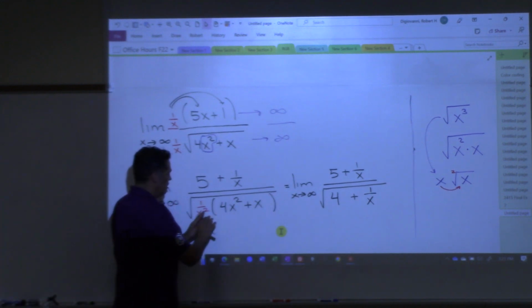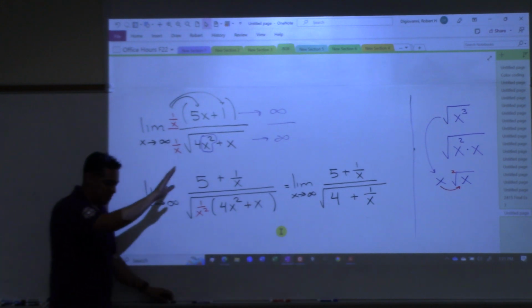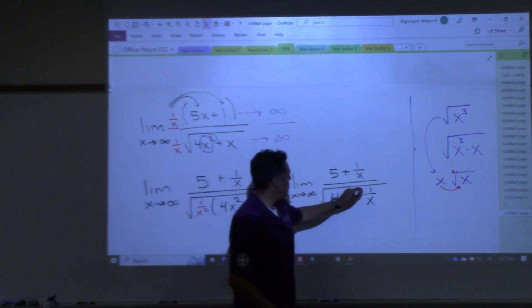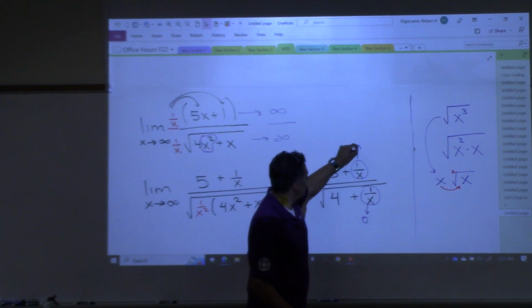Now take the limit. Anything that's a fixed number over x is going to go away, isn't it? That's going to go to 0. That's going to go to 0.